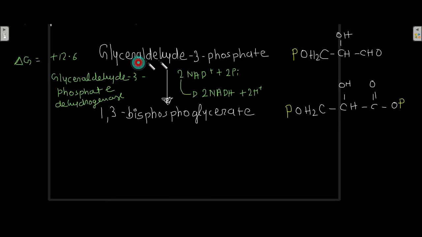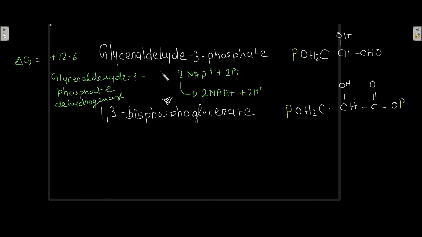Now this glyceraldehyde 3-phosphate is converted into 1,3-bisphosphoglycerate, and this is the structure of 1,3-bisphosphoglycerate. Bisphospho means there are two phosphate groups and they are not linked to each other. That is the reason why they are known as bisphospho, not diphospho.